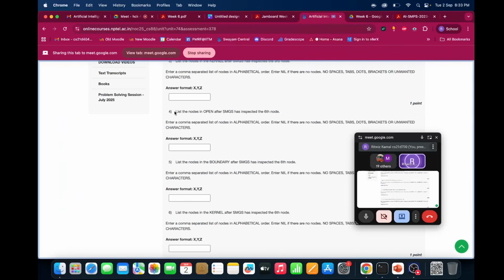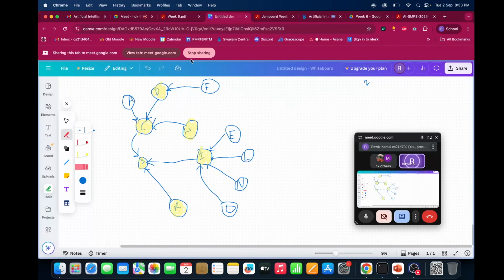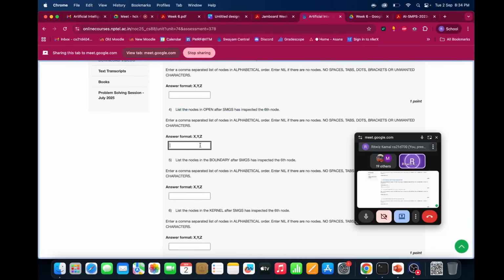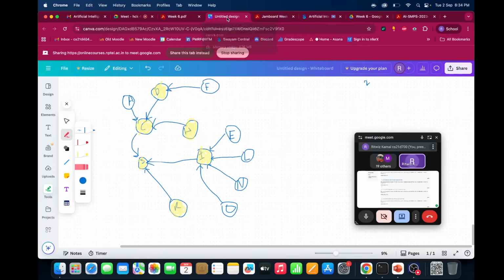List the nodes in the open list after SMJS has inspected the 6th node. So the nodes in the open list till now are which ones? A, F, E, L, N and O, right? And you have to write them in alphabetical order. Yeah, can you please mute yourself?